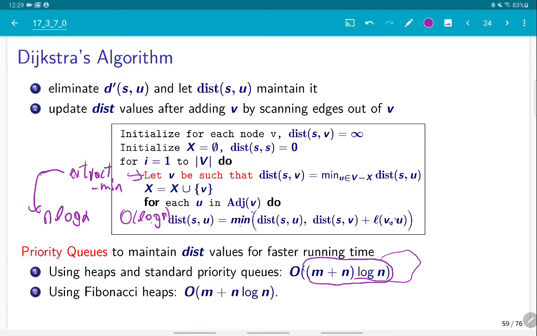Now, there is a more clever data structure called Fibonacci heaps. You probably have not seen it. It's a bit more complicated. There are other data structures nowadays that support this operation in good time. So the basic idea is that extracting min still costs you log n in those Fibonacci heaps, but decrease key, the operation of reducing a cost, costs you only constant time.